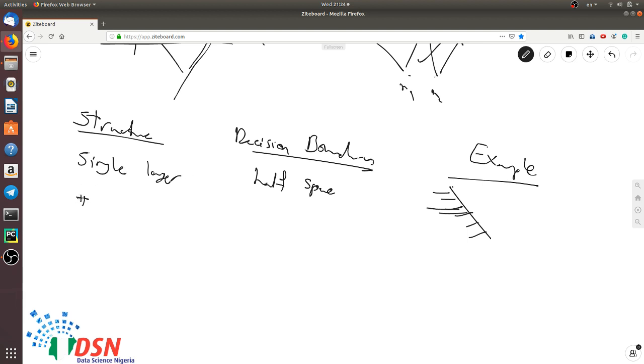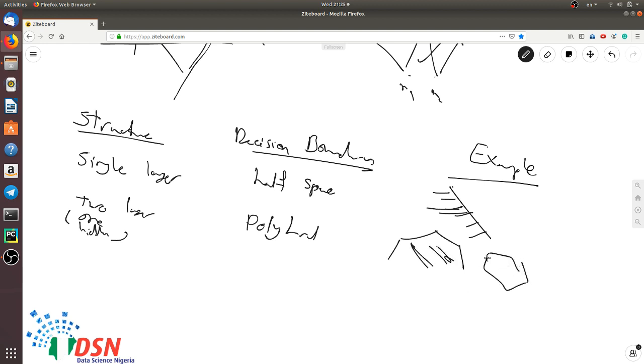If we have a 2-layer MLP, or one hidden layer in other words, then the decision boundaries are polyhedral. So they could create something like this or something like this. And if you have a 3-layer neural network, or 2 hidden layers, you could have a union of polyhedrals.